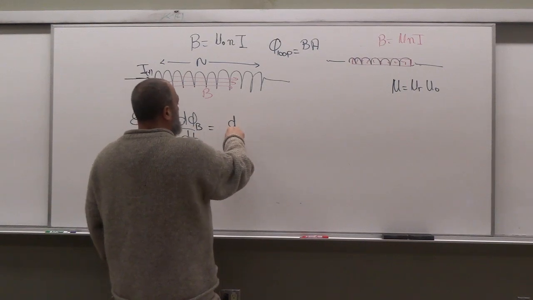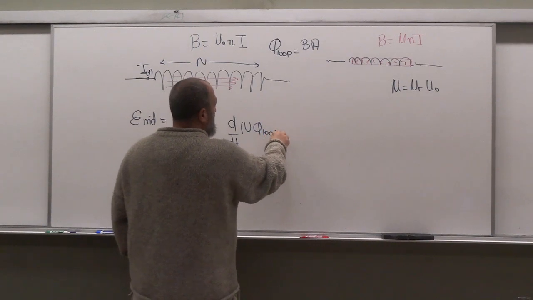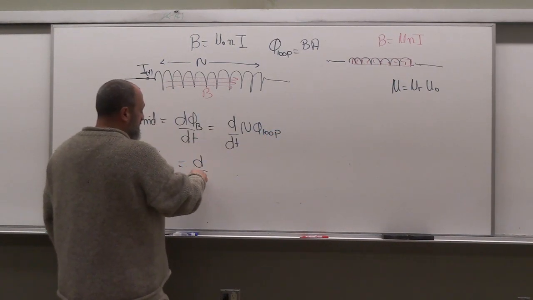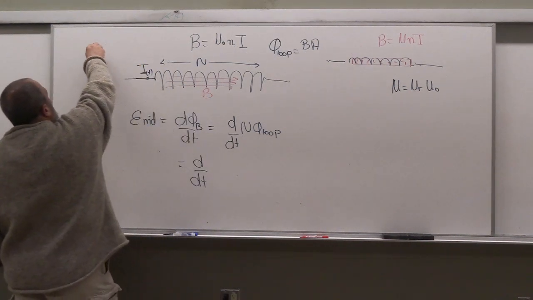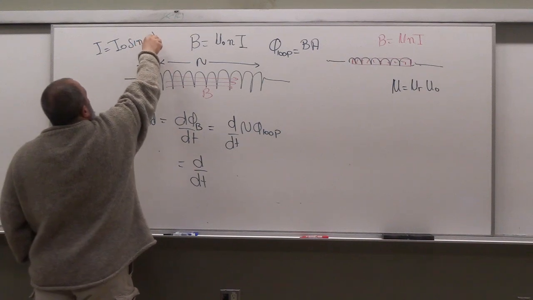So d by dt of N times the flux per loop, and let's say I is equal to some I naught sine of omega t.